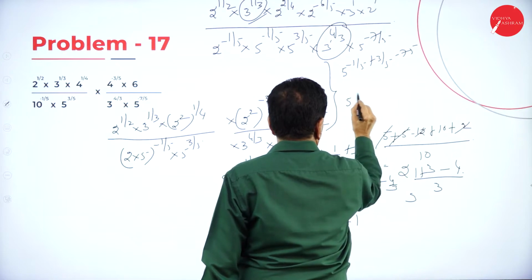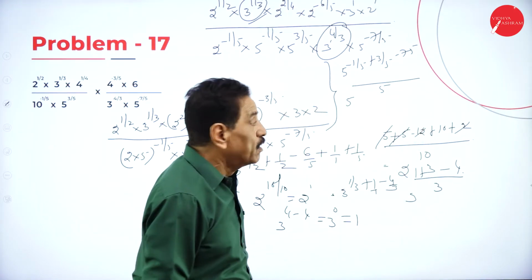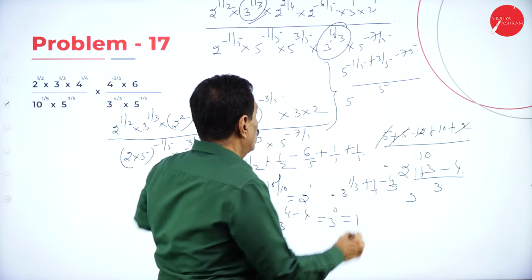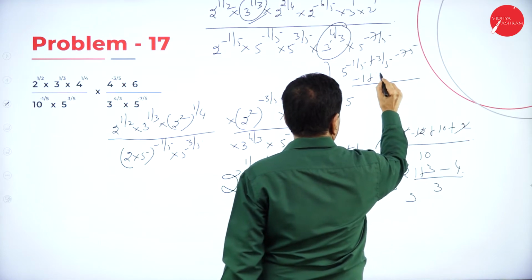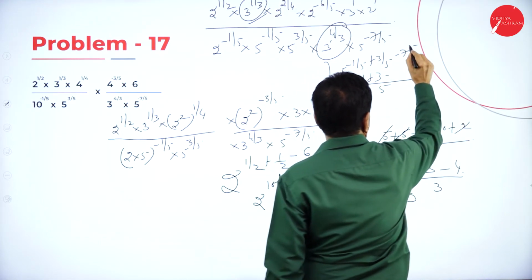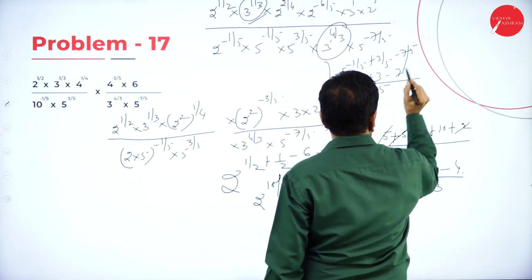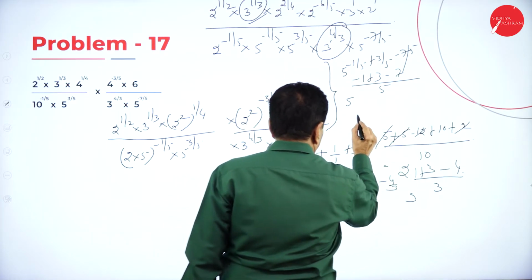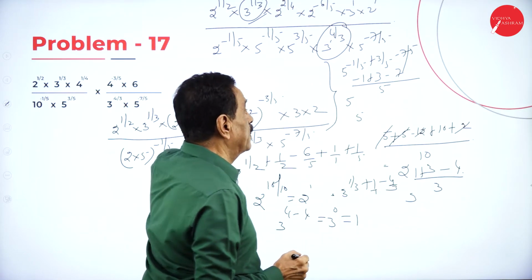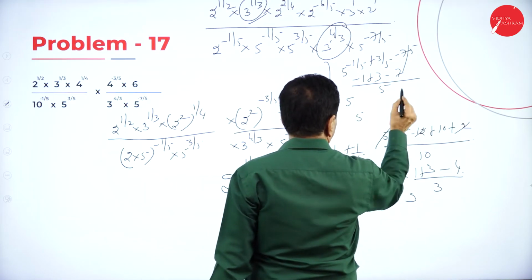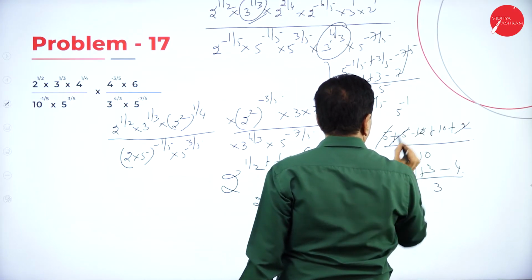So 5 to the power of, if we take the 5 as a common, 5 ones are 5, 1 ones are minus 1, plus 5 ones are 1 threes are 3. This is 7 by 5, 5 ones are minus 7. This is 5 minus 7 minus 5 minus 8. This is minus 5 divided by 5. This is 5 to the power of minus 1.